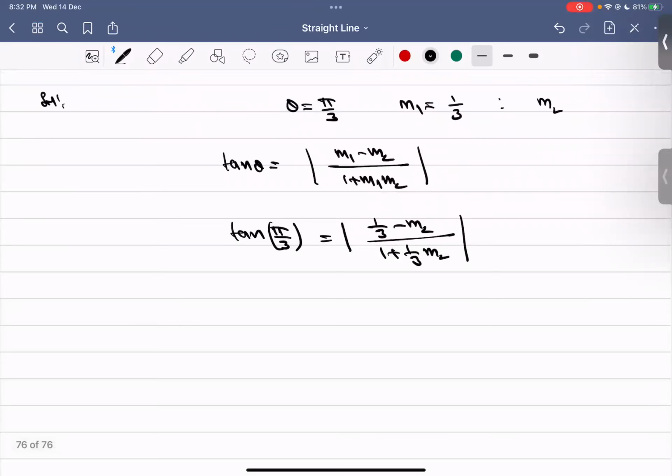Tan 60 is what? Root 3. Root 3 is equal to 1 minus 3 m2 by 3 plus m2. 3 cancels in numerator and denominator. So now if you remove the modulus, then you will get plus or minus.